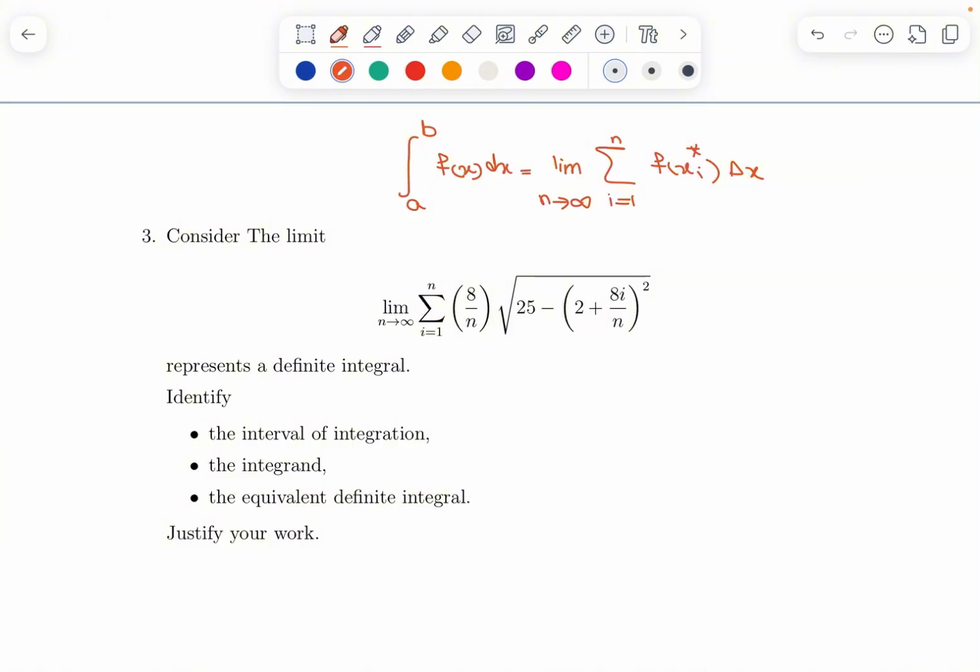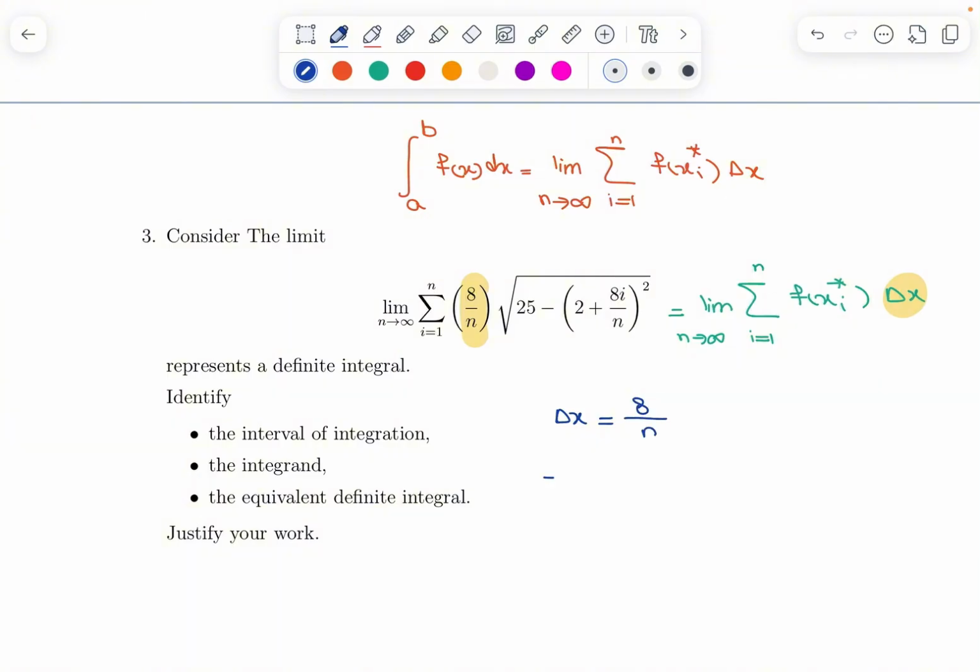If you compare this limit with this formula, you can conclude delta x would be 8 divided by n.